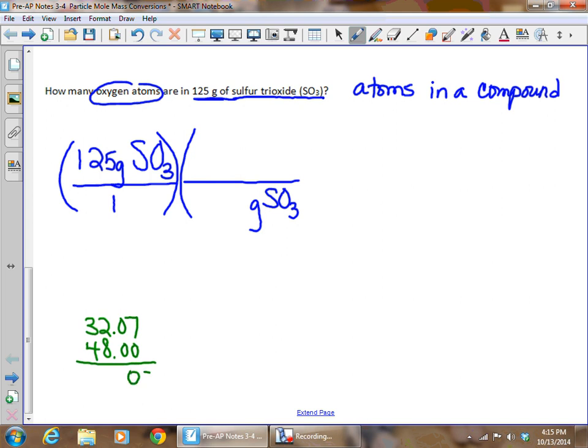This adds up to 80.07 grams per mole for our molar mass. So let's put that in. 80.07 grams, because remember, 1 always goes with mole in our conversion factors, for every 1 mole of SO3. So now we've got grams of SO3 canceling, and we're left with moles of SO3.